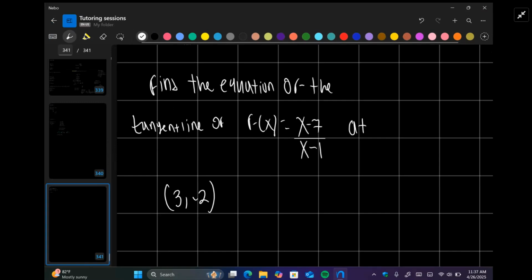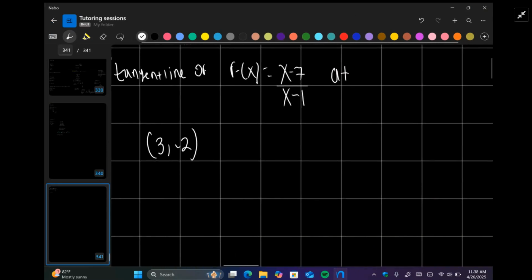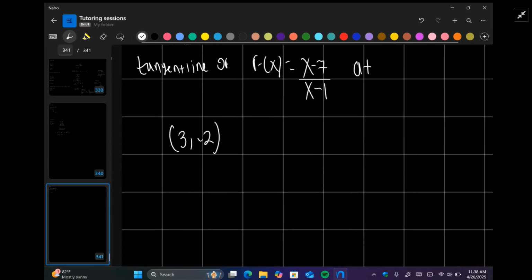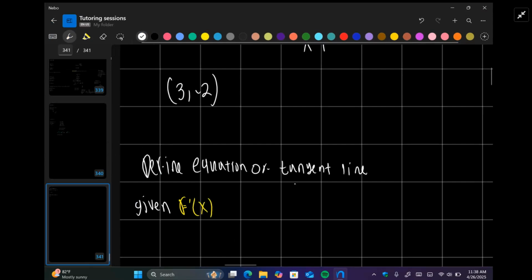In this problem, first of all, you want to define the equation of the tangent line given f prime of x and the point x1 comma y1.